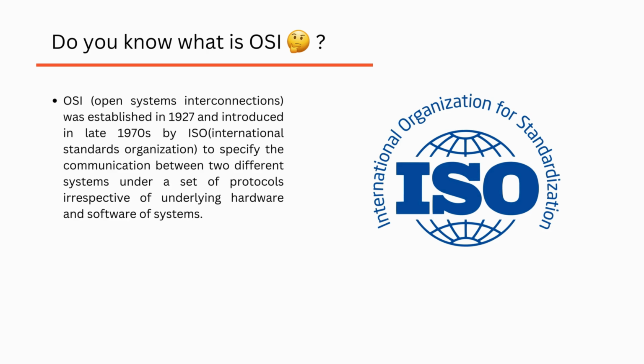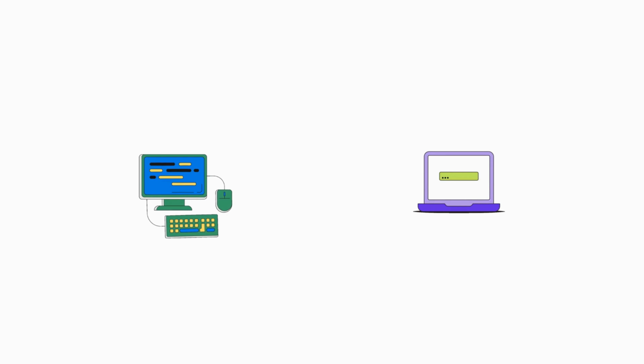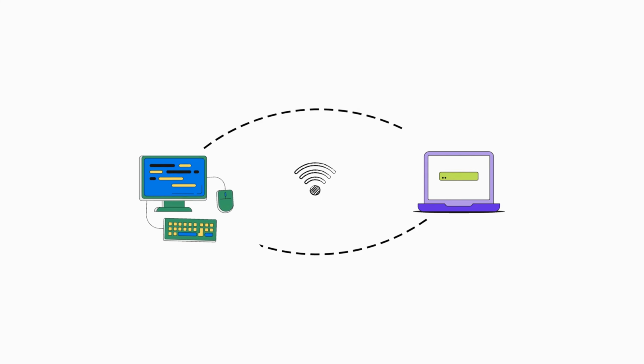ISO brought this reference model to make us understand the communication between two heterogeneous hardware systems under a different set of protocols. If we take an example here, we have two hardware systems, and with the OSI model, we could easily understand the communication between the two systems.